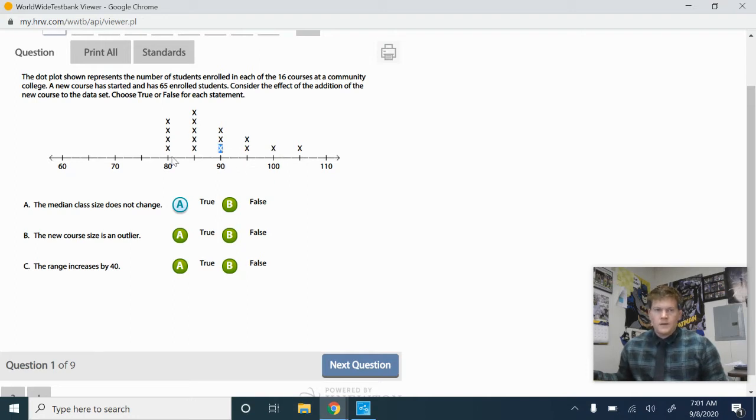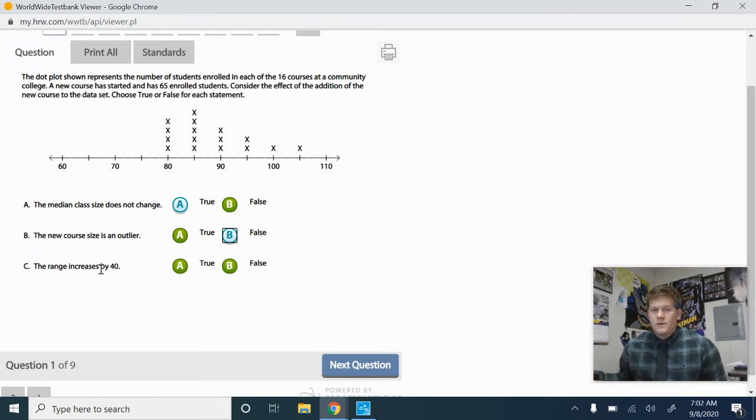So 90 minus 80, we get 10. 10 times 1.5 is 15. So I take my Q1, which is 80, subtract 15, I get 65. Oh, that's exactly my point. So since my Q1 minus 1.5 times IQR equaled 65, this is not an outlier. It still falls within the range of data. So part B would be false.